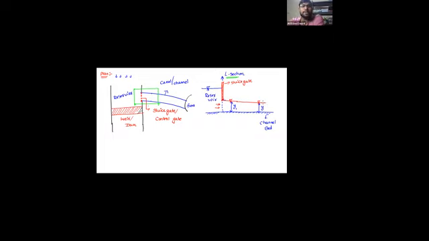Now you tell me, what is meant by uniform flow? What is the meaning of flow parameters again? Velocity and depth of flow. If the flow parameters, velocity and depth of flow, remain the same along the length of the channel, or with respect to space at a particular time, then we call it a uniform flow.